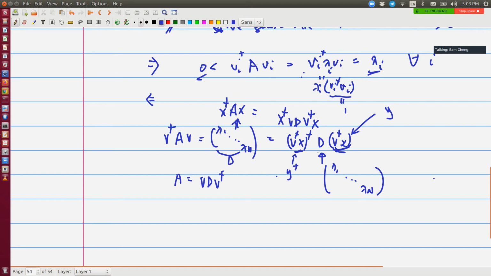Then this can be expanded as the sum of lambda i y i, complex conjugate, times y i. Does it make sense?